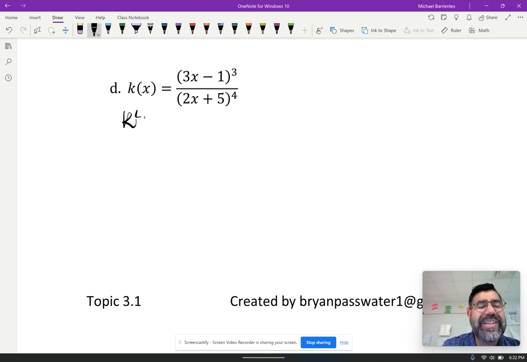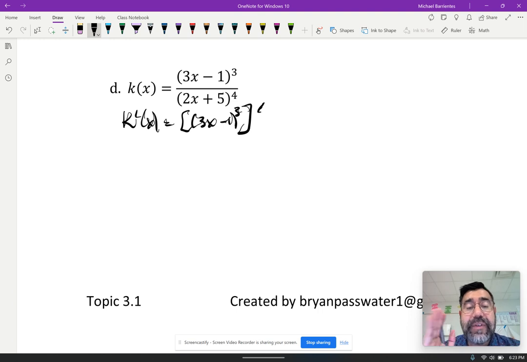So the quotient rule says take the derivative of the numerator, the top. I'm going to put a prime. I haven't taken the derivative. I'm going to take the derivative. Times the denominator, the bottom, minus, we have to take the derivative of the bottom.